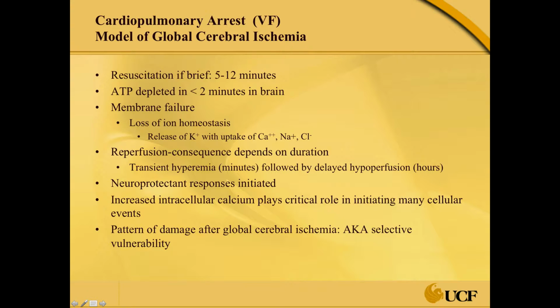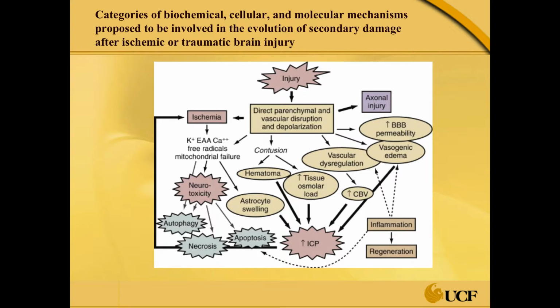Reperfusion consequence depends on duration, so you can have transient hyperemia, which lasts just minutes, followed by delayed hypoperfusion, which can last for hours. There are neuroprotectant responses which get initiated, increased intracellular calcium, which we talked about playing a critical role, and then the pattern of damage after global cerebral ischemia, also known as selective vulnerability. We'll talk about what some of these patterns of damage are as we progress.